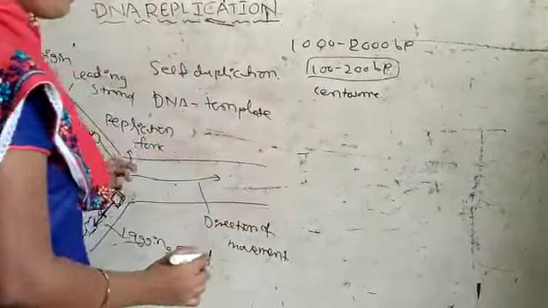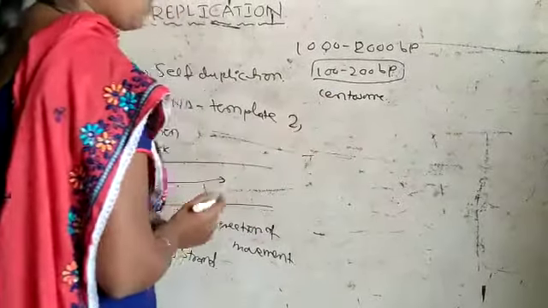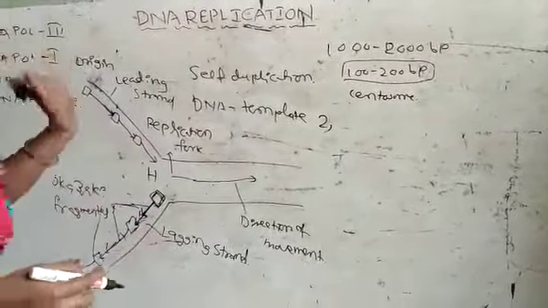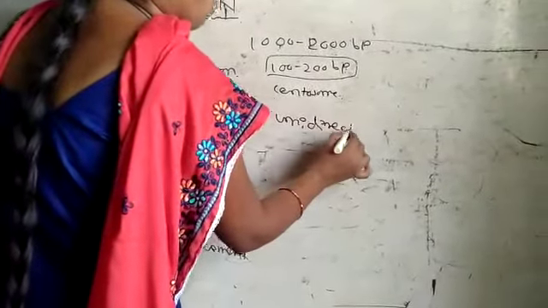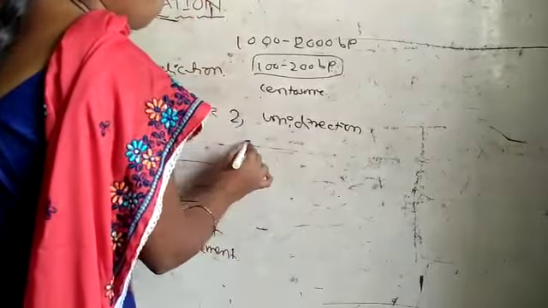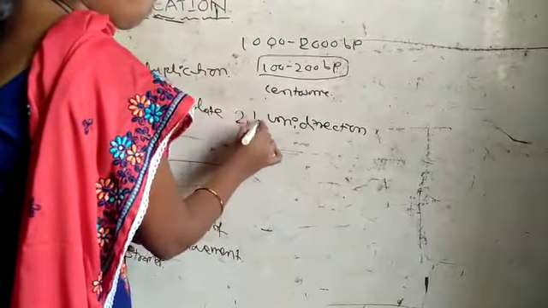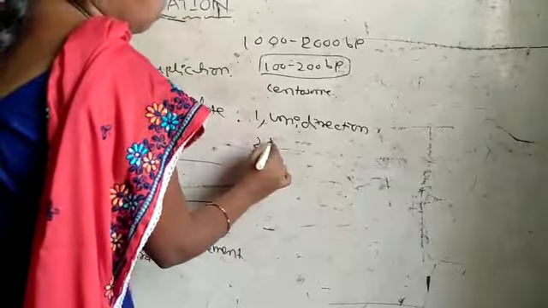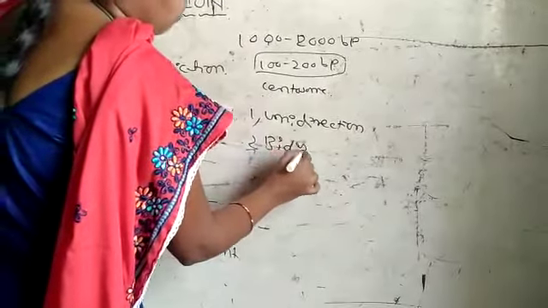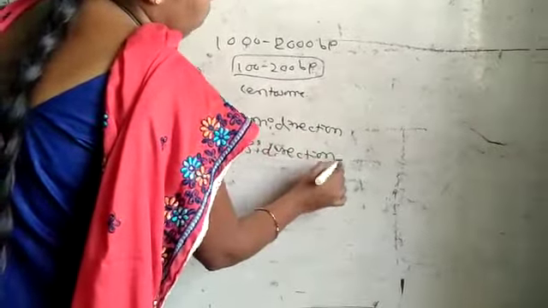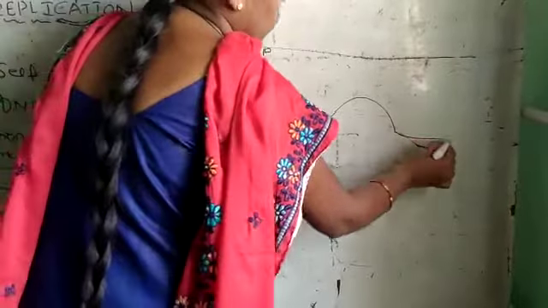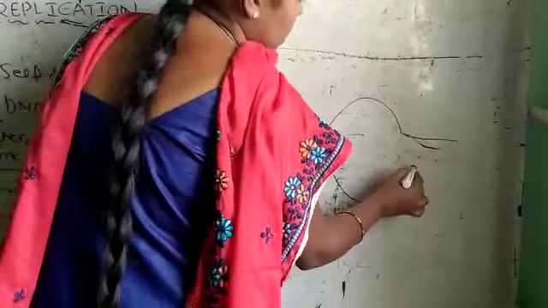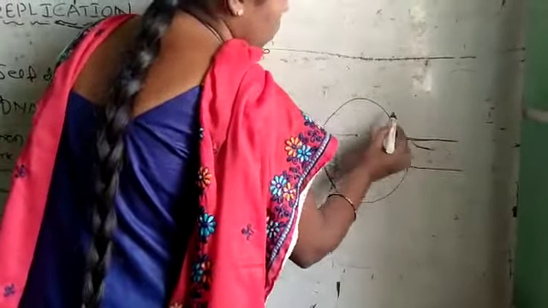DNA replication is of two types: unidirectional manner and bidirectional manner. In the unidirectional manner, these are the two parental strands.